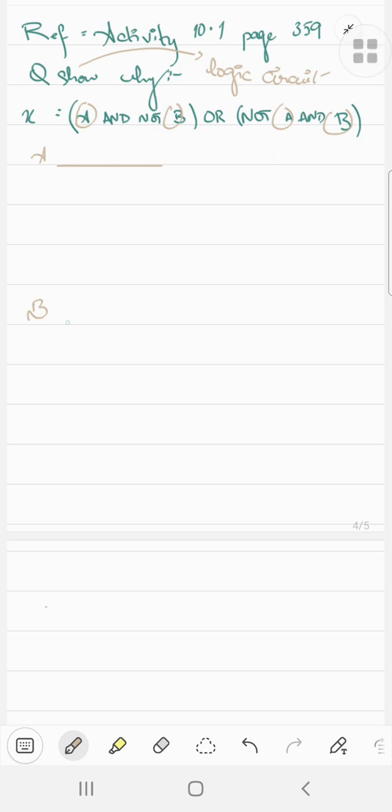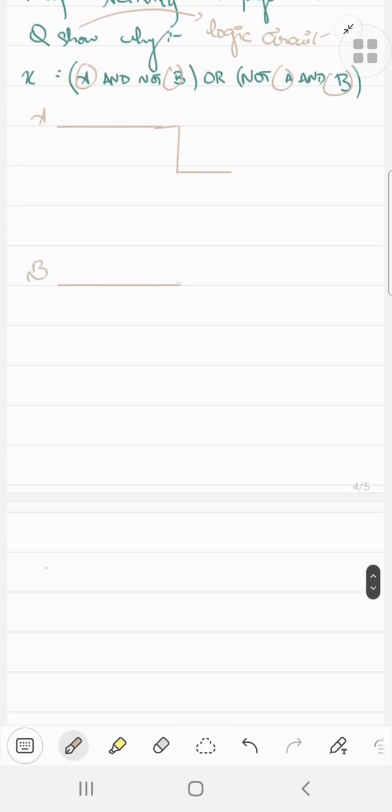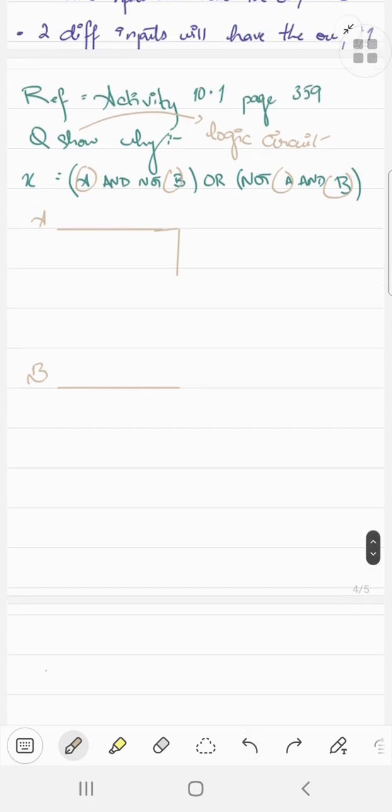Take one line from A and take one line from B. Now at this point we can see that it is saying NOT B. It's not simply A like here.